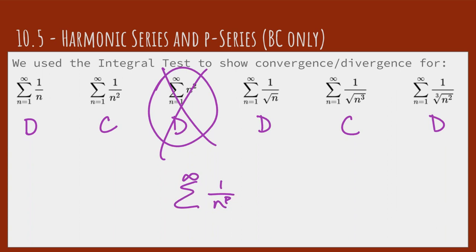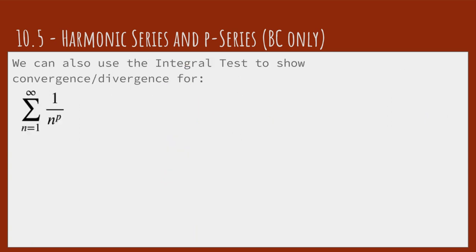And so, what I want to look at a little bit more generally is how do we determine, without having to use the integral test every time, whether a series in that form will converge or diverge. So, let's use the integral test and do that with a general power on this.